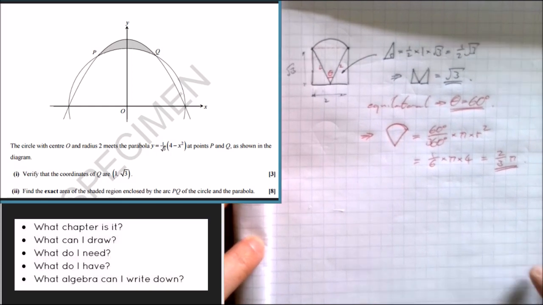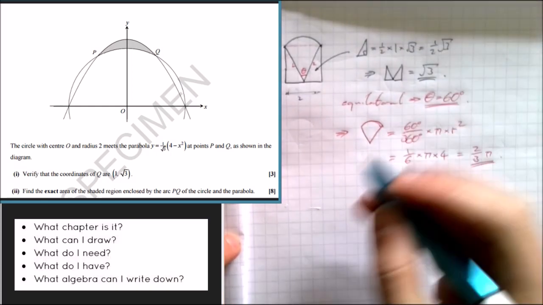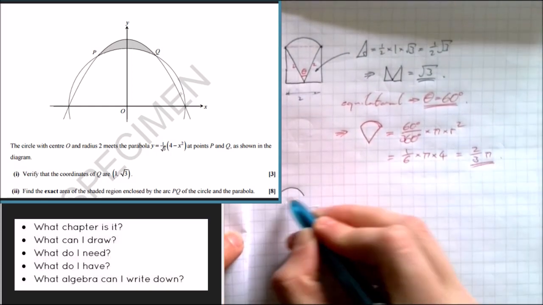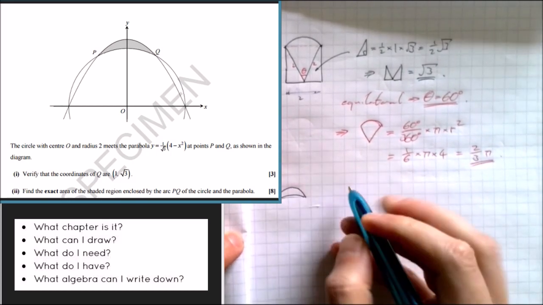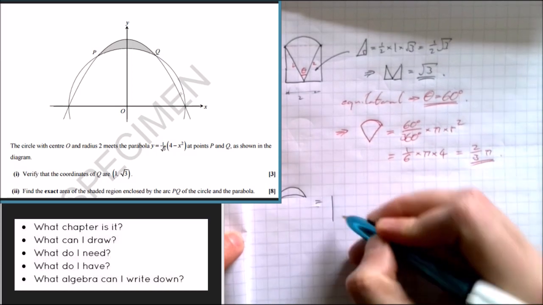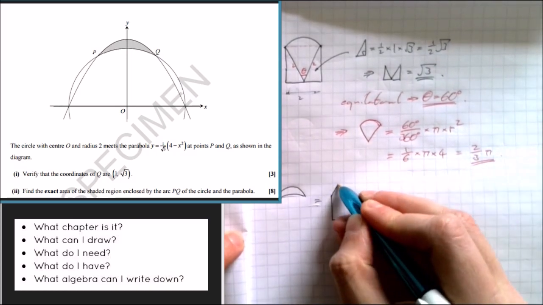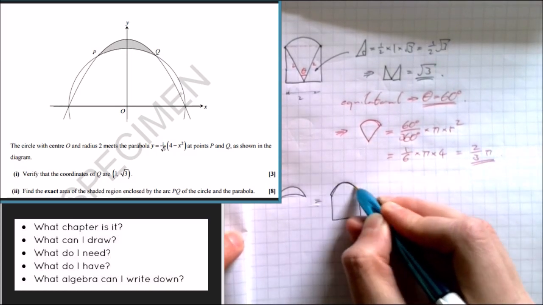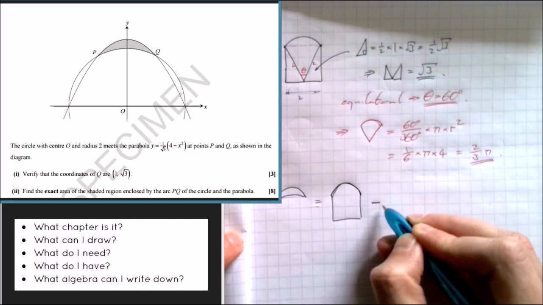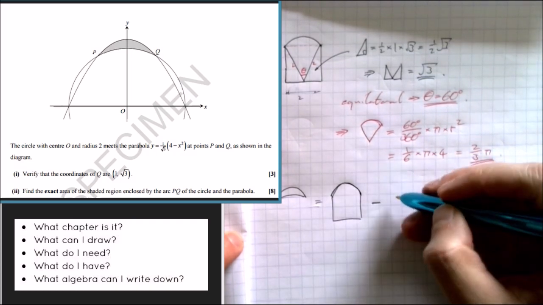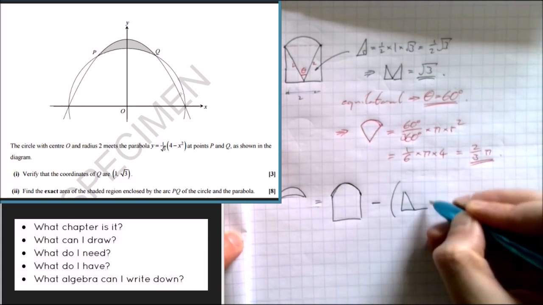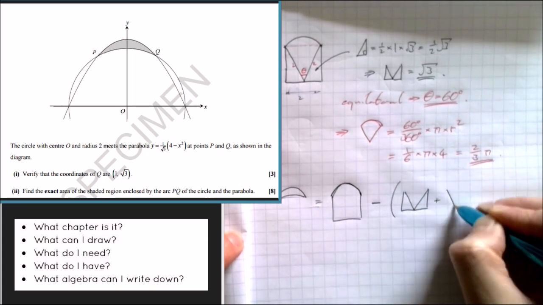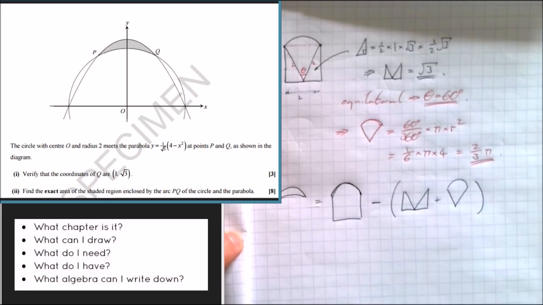This is mad. We wanted that top bit there, and we have split that up into the bit below the parabola, minus the bit below the circle, which is those two bits.